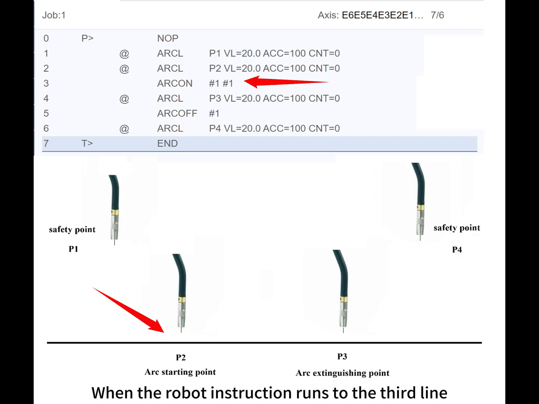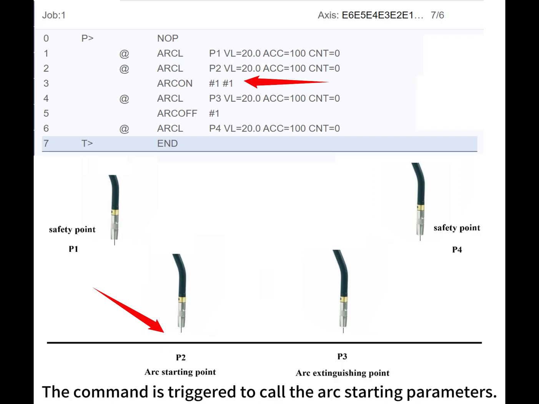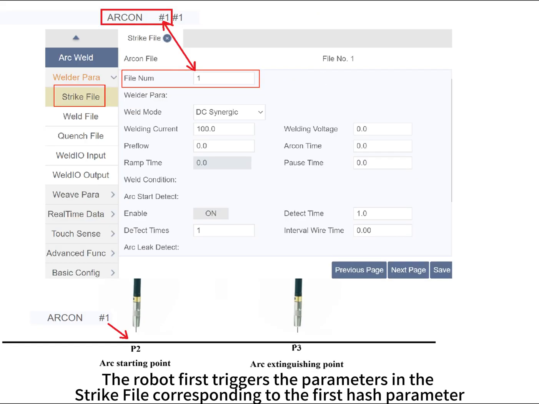When the robot instruction runs to the third line, the command is triggered to call the arc starting parameters. The robot first triggers the parameters in the strike file corresponding to the first hash parameter.